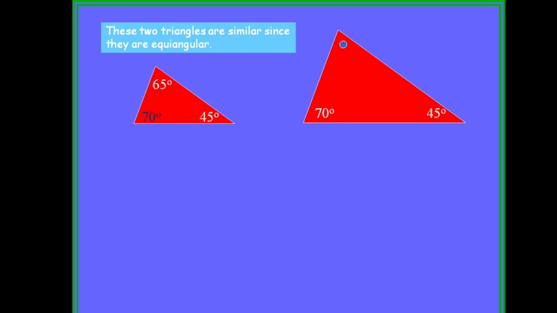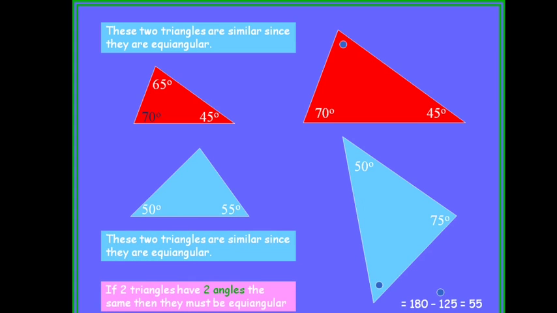The third angle in the first triangle is 65 degree. In the second triangle it is also 65 degree, because two angles are the same as in the first triangle, so the third angle is the remaining angle of the triangle, which should be 65 degree itself. So these two triangles are similar since they are equiangular.